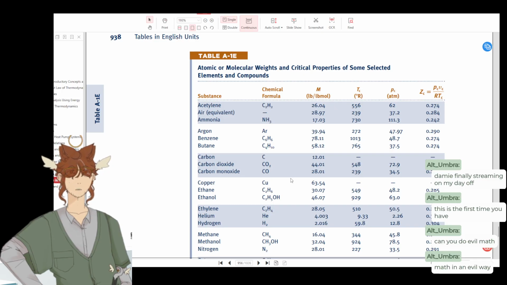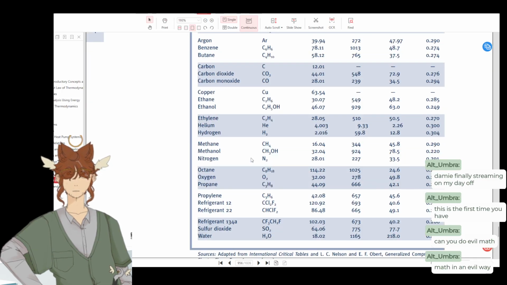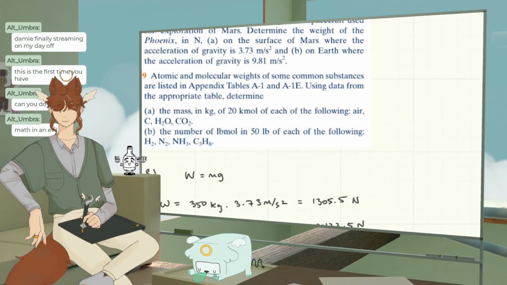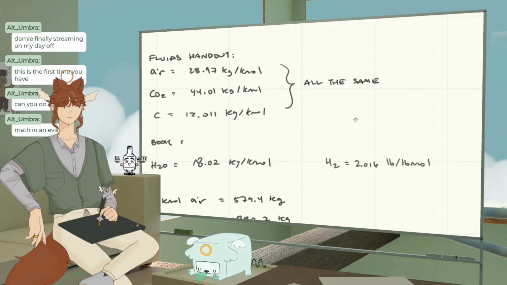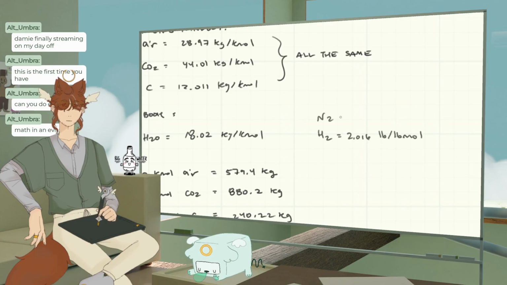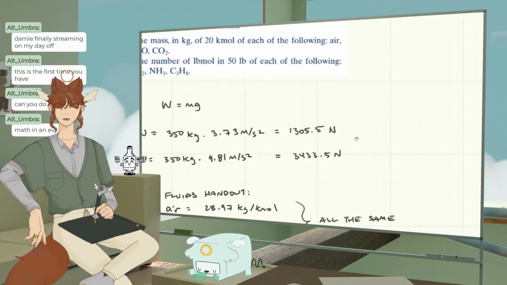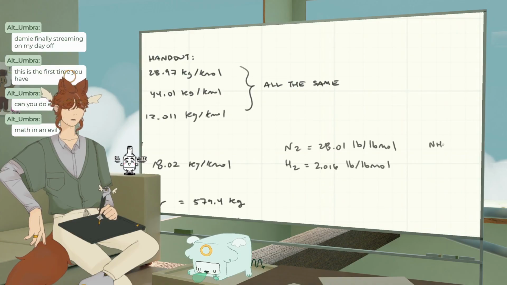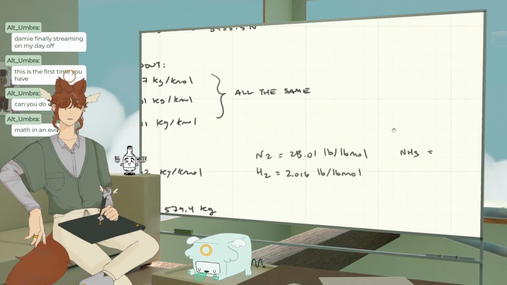H2N2. Nitrogen. Here, we'll go back to good land, and you guys don't have to see this garbo. There we go. 28.01 pound per pound mole. Then we have NH3 for the other one. Oh, what is that? Heptane? Something like that.